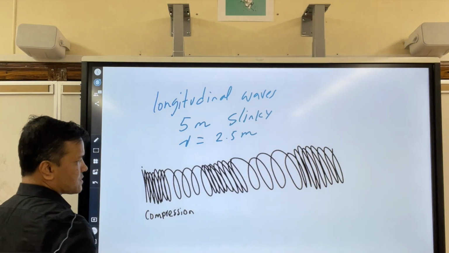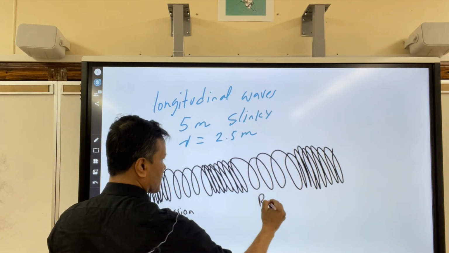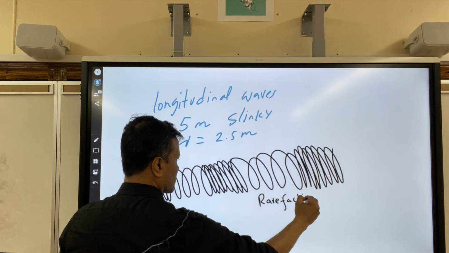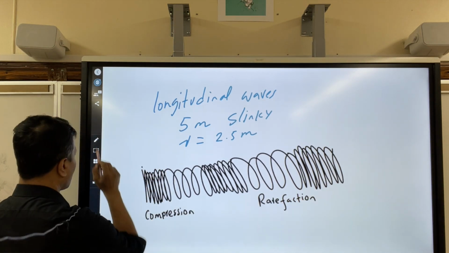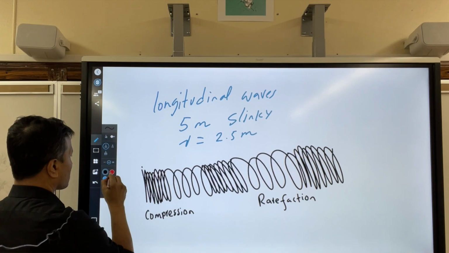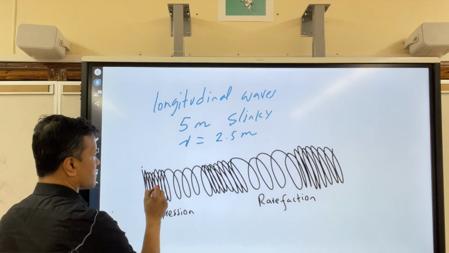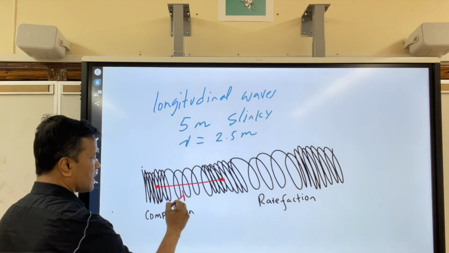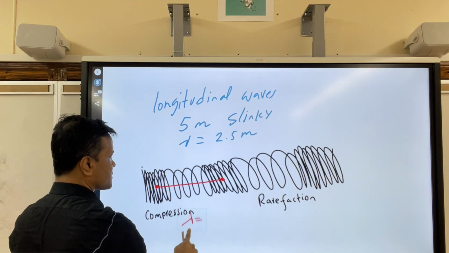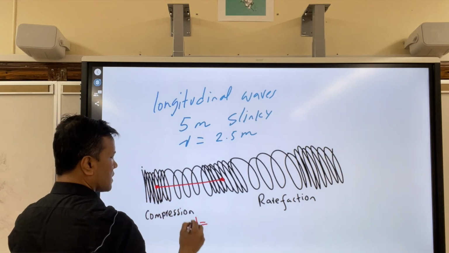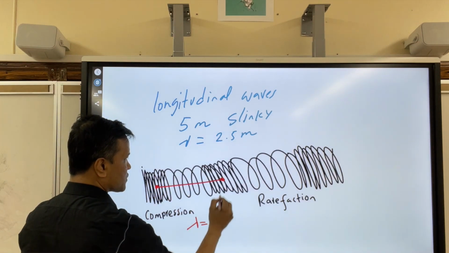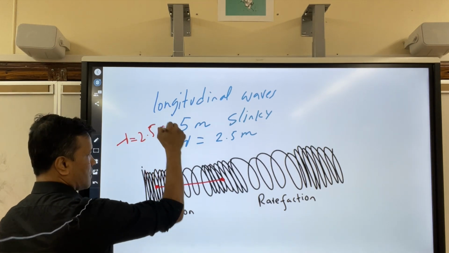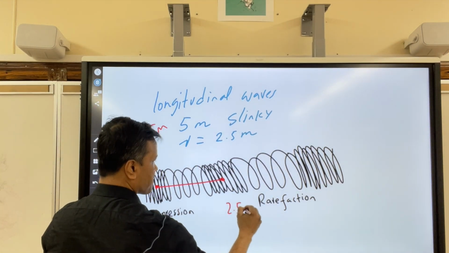From compression to compression is 1 lambda, and in this case lambda is 2.5 meters.